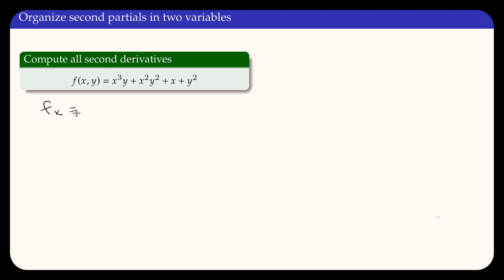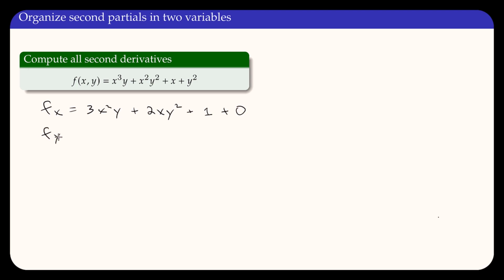And I'm taking the partial derivative with respect to x, so I'm going to hold y fixed. I'm going to treat y like a constant. I get 3x squared times y plus 2x y squared plus 1 plus, well, 0, because there's no x, it's just a y squared. We're holding y squared constant, so it's not going to change, because by definition it's a constant.